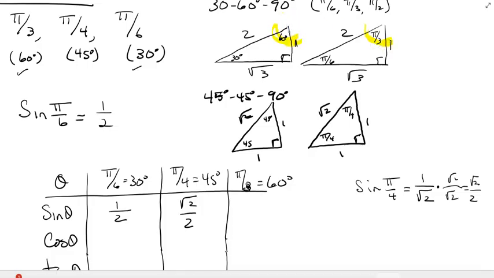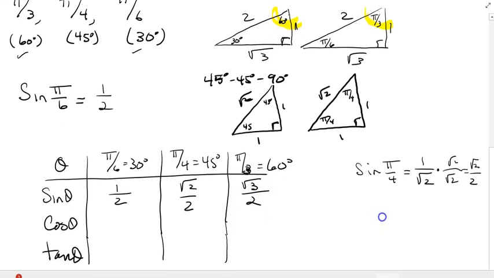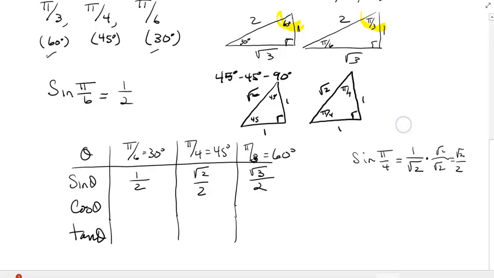So again, going from the pi over 3, my opposite is now radical 3 over 2. Now we can do the exact same thing for cosine. So I'm going to go through this one a little bit quicker. Cosine of 30 degrees, well, that's square root of 3 over 2.